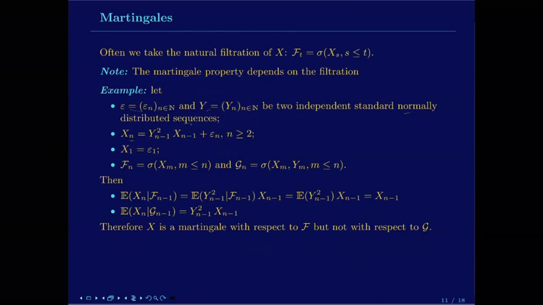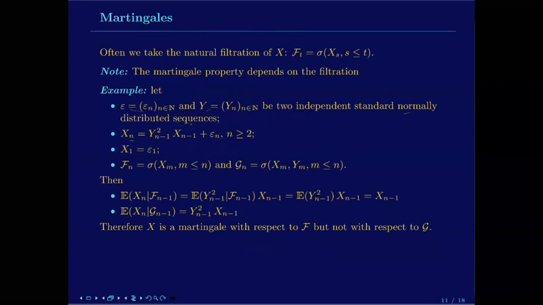And we start the process at epsilon 1. So given that we know the value for y n minus 1, this is a simple AR1 process. And since we have here y n minus 1 squared, the expectation would be 1, and we would have kind of a random walk behavior, x n equals x n minus 1 plus epsilon n.